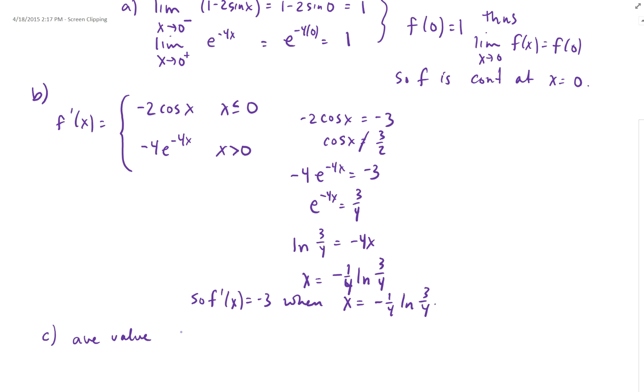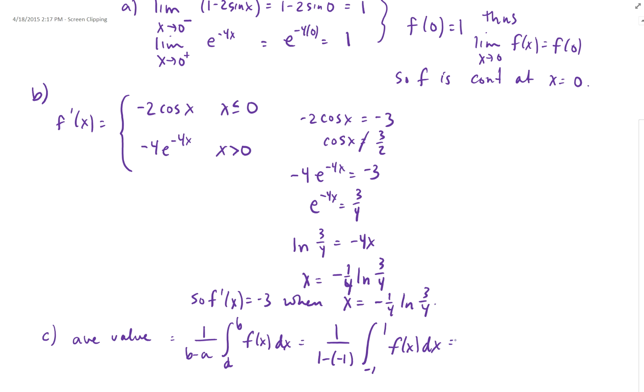And so that's going to be 1 over b minus a times the integral from a to b of f of x dx. That's going to be 1 over 1 minus negative 1 times the integral from negative 1 to 1 of f of x dx.